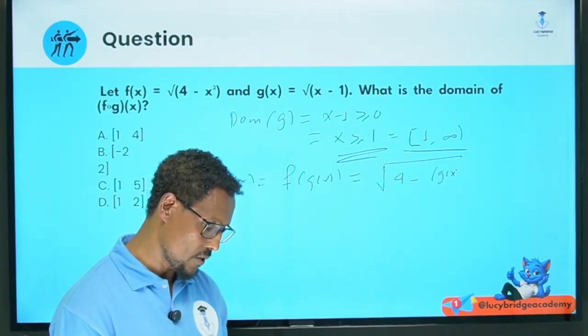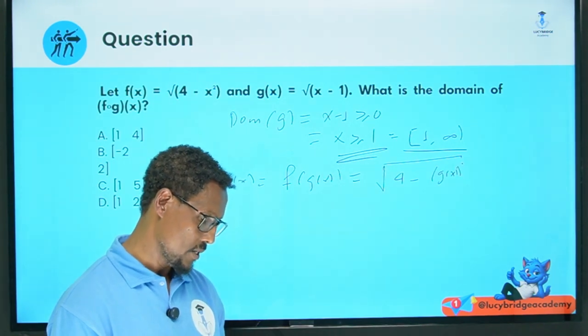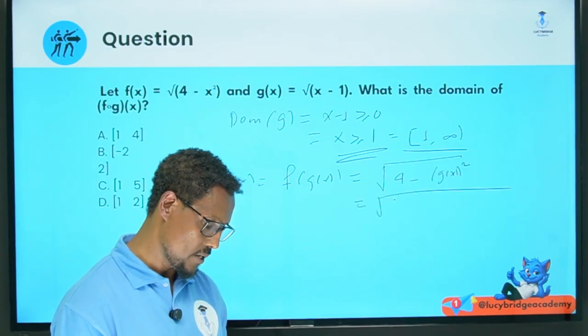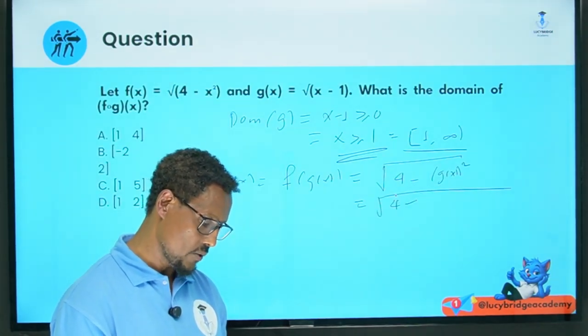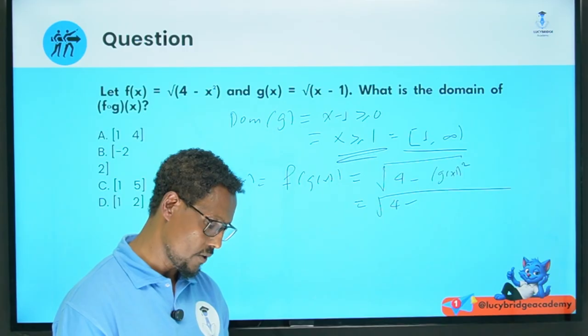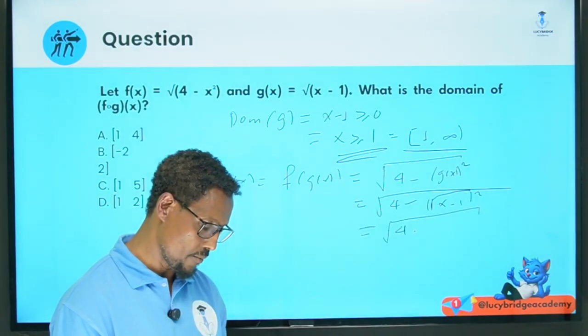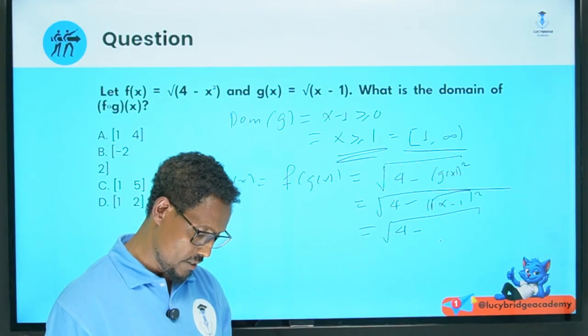So the square root of 4 minus g of x the whole square, which is the square root of 4 minus the square root of x minus 1 the whole square.